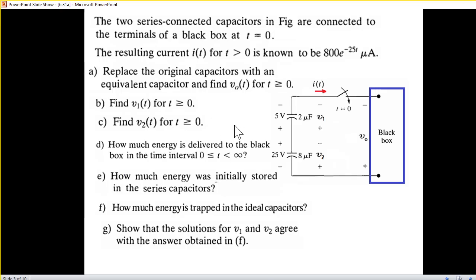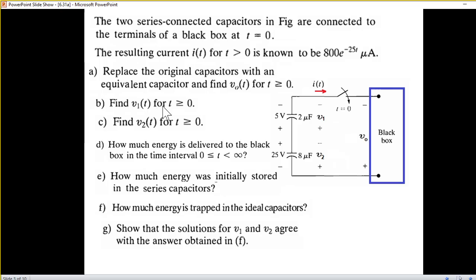Okay, now let's read the whole question. The first part: replace the original capacitors with an equivalent capacitor and find v0(t). So we have to replace this capacitor and then find v0 at time t. The next part is find v1(t) and v2(t).